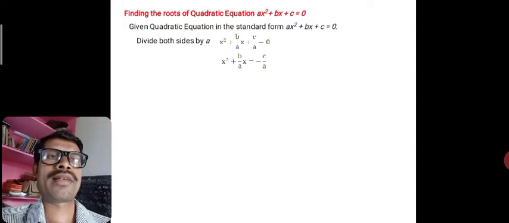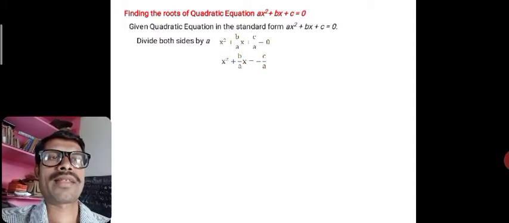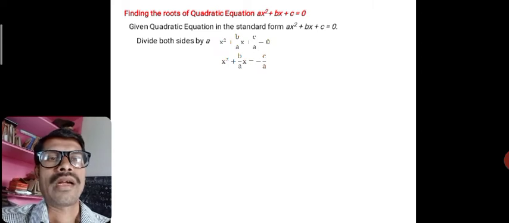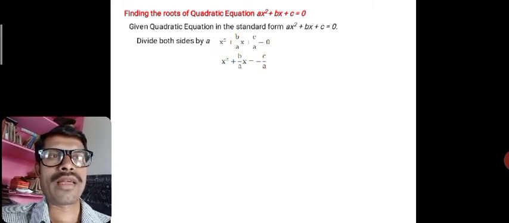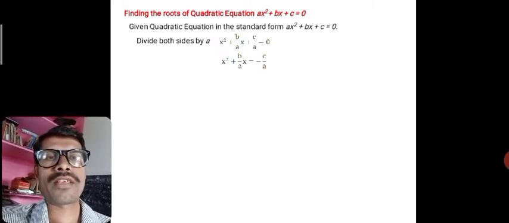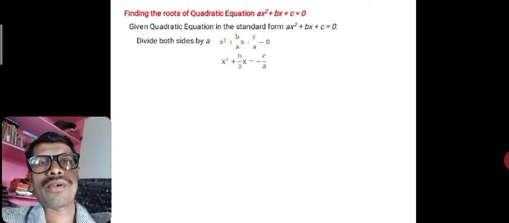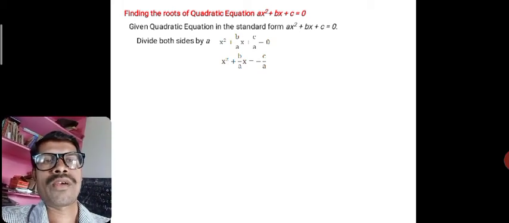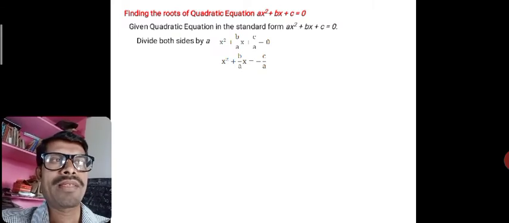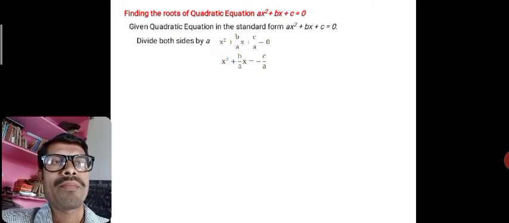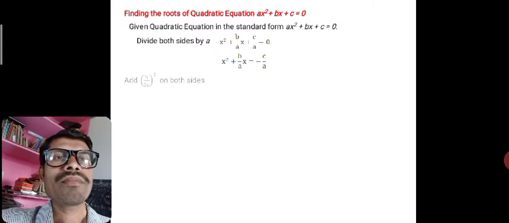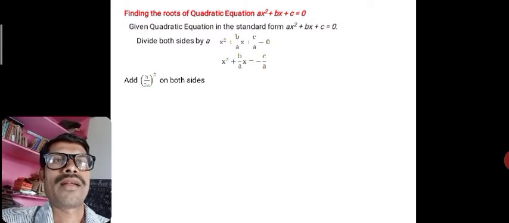For that, consider the coefficient of x, b by a, and divide it by 2. That will become b by 2a. Make it whole square, that is b by 2a whole square. Add that on both sides to make it a perfect square.